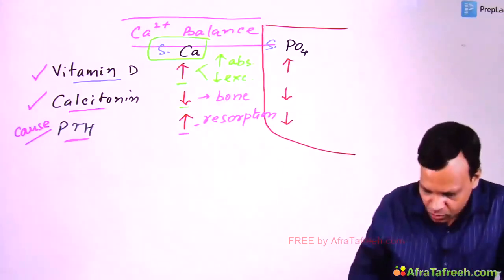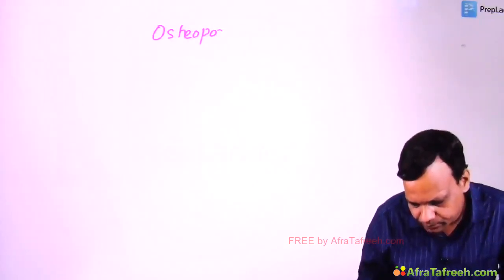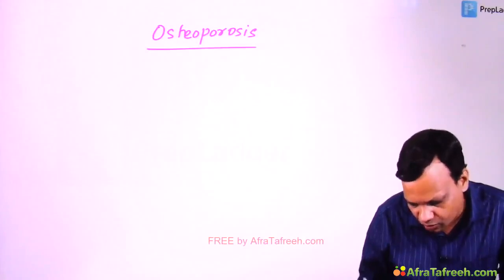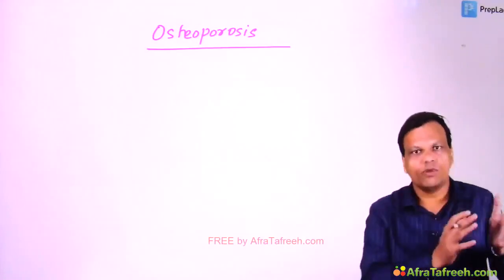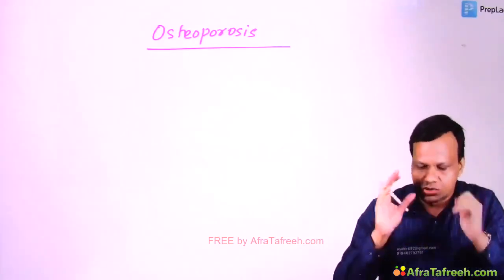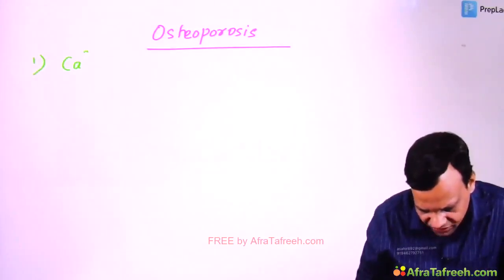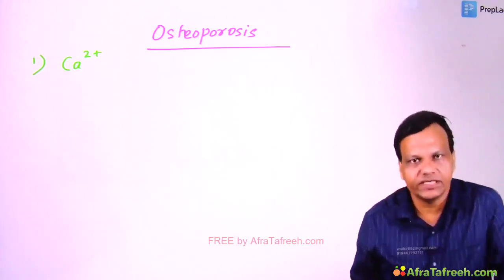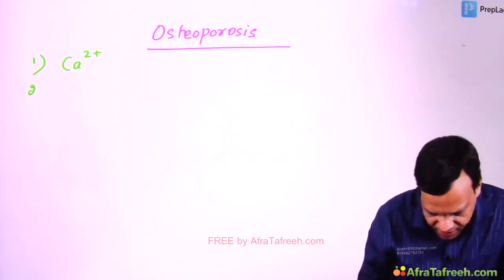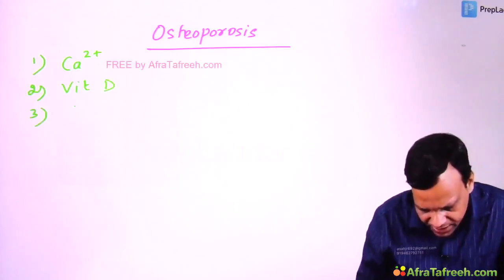Okay. So, coming to our main topic, osteoporosis. Obviously, osteo means bone, porosis means pores. Because of less calcium, bone becomes porous. So, obviously, we can give calcium, because it is due to deficiency of calcium. Apart from calcium, we discussed two drugs just now: vitamin D and calcitonin.